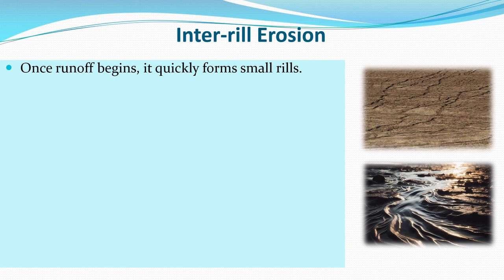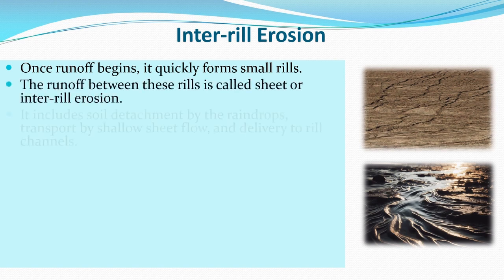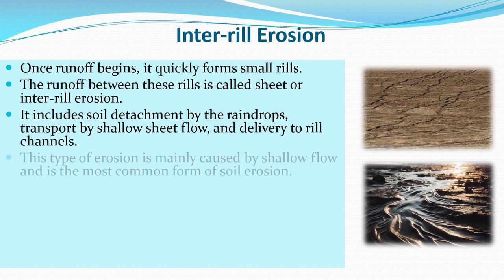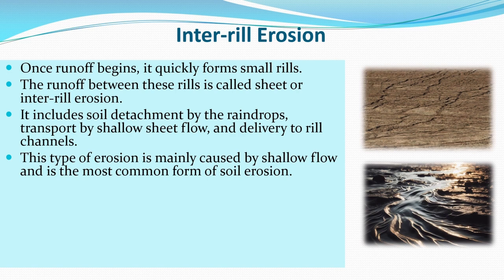The runoff between these rills is called sheet erosion or inter-rill erosion. It includes detachment of soil by raindrops, transport by shallow sheet flow, and ultimately this water gets delivered into the rill channels. This type of erosion is mainly caused by shallow flow and is the most common form of soil erosion.